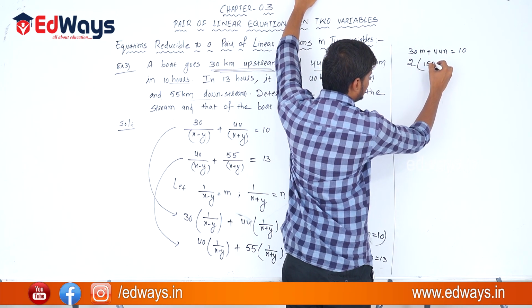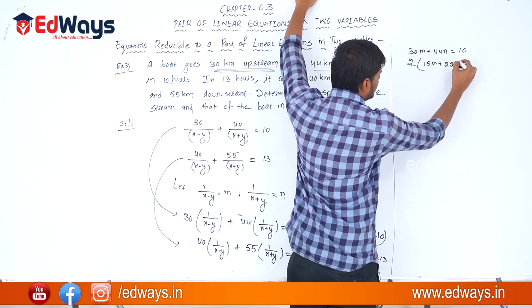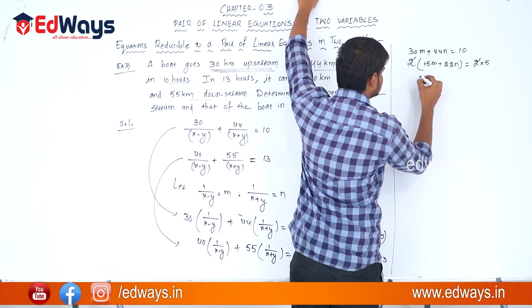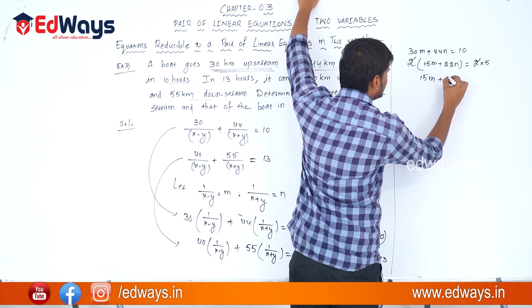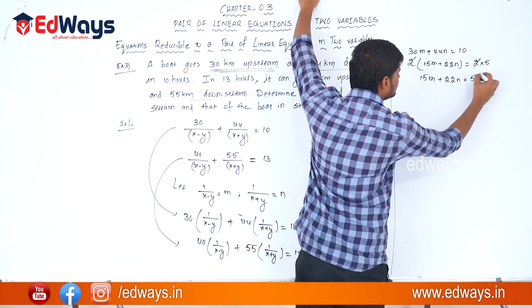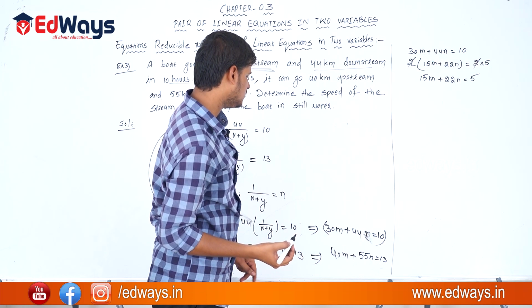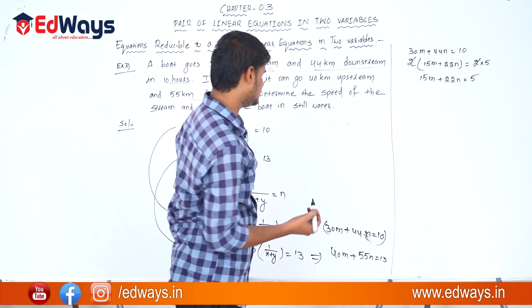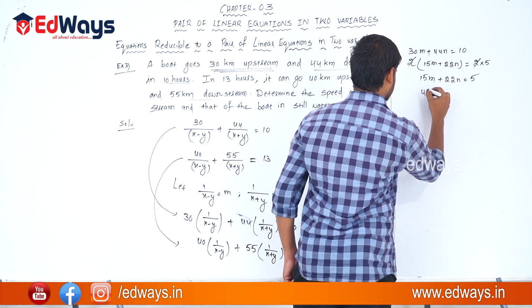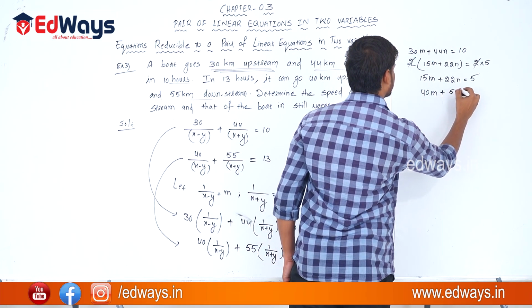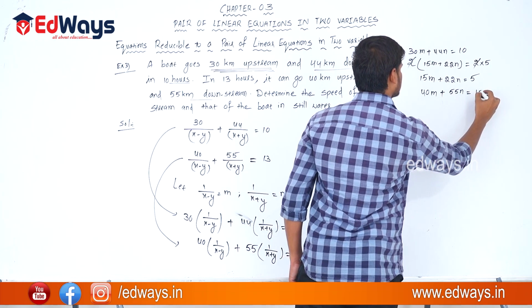So it will be 15m plus 22n is equal to 2 into 5. The 2 will get cancelled. The first equation becomes 15m plus 22n is equal to 5. We can't reduce it further. And in the second equation also I can't take anything common, so just write it like that: 40m plus 55n is equal to 13.